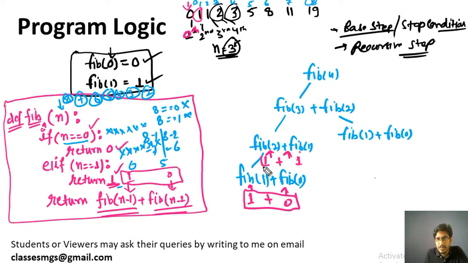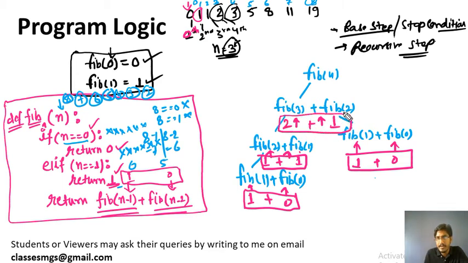The addition of these two returns to this function, so 1 plus 1 is 2, and this 2 is returned here. Fibonacci 1 here will return 1, and Fibonacci 0 will return 0. 0 plus 1, their addition will be returned here, so their addition is 1. Now the addition of these two numbers will be returned to Fibonacci 4.